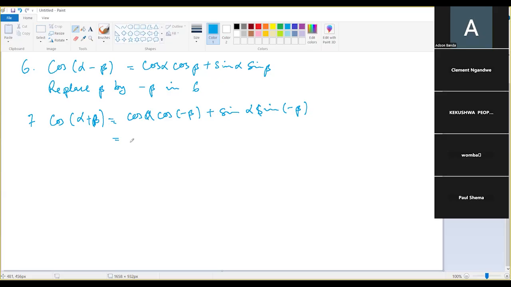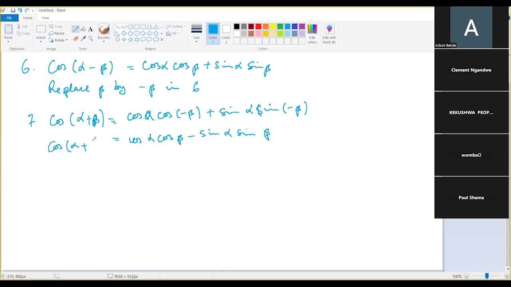So in this case, what we get is the cosine of alpha, and then the cosine of beta, plus here what we know is that sine of a negative angle is just the negative of the sine of that angle. So in this case, we are going to get negative sine alpha sine beta.